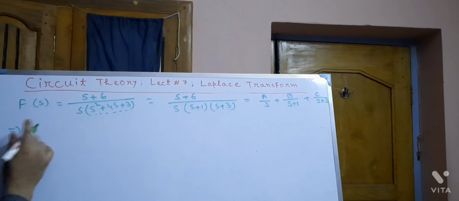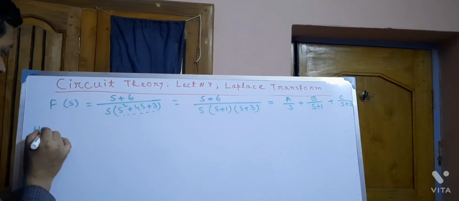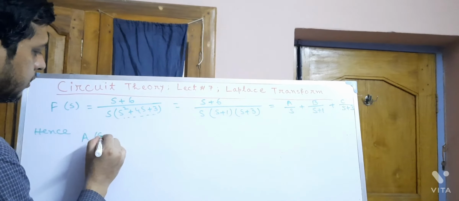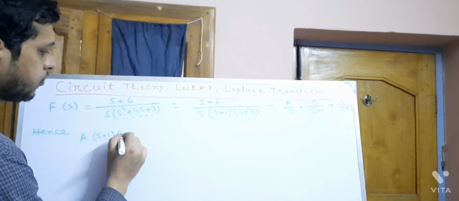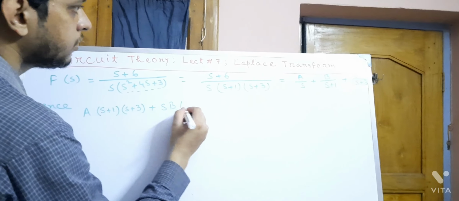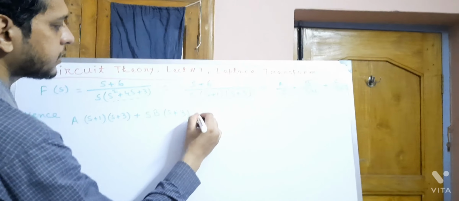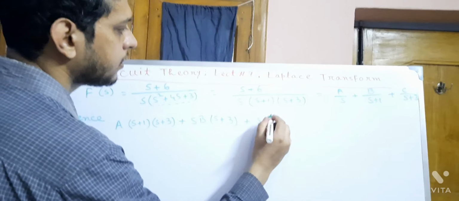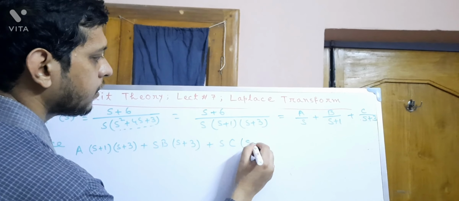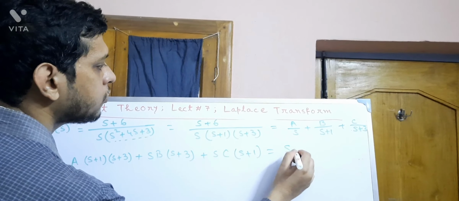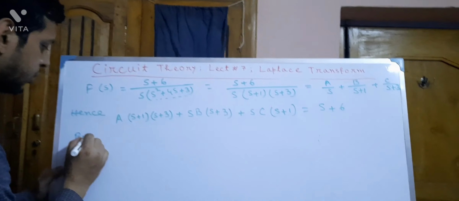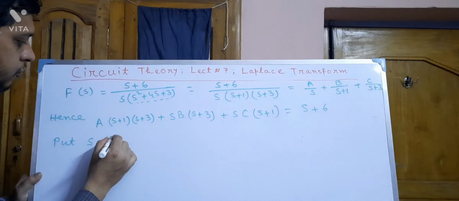Hence a into s plus 1 into s plus 3 plus sb into s plus 3 plus sc into s plus 1 will be equal to s plus 6. Now let us put s equal to 0.